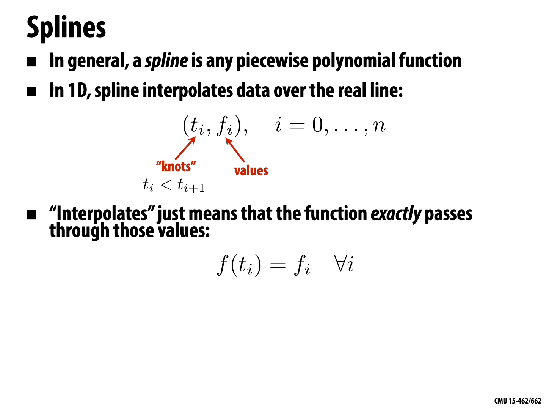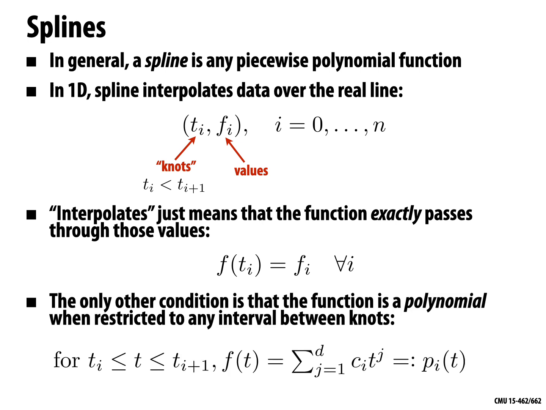So if the function f is interpolating the data f_i, it means that f(t_i) is equal to f_i for all i. The only other condition is that the function is a polynomial when we restrict it to an interval between two knots. Okay, so for any t between t_i and t_{i+1}, the function f can be expressed as the sum of some constant coefficients c_j times the time t to the j, where d is the degree of the polynomial, and the c_j are the coefficients.